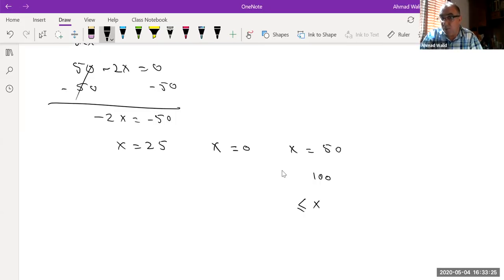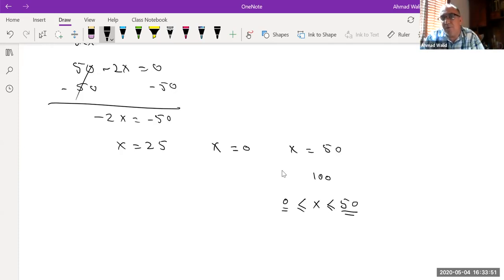X can be greater than or equal to 0 or less than or equal to 50. 50 and 0 are the endpoints. 25 is a local max or local min. It's a critical point, right? 25 is your critical point. 0 and 50 are the endpoints.